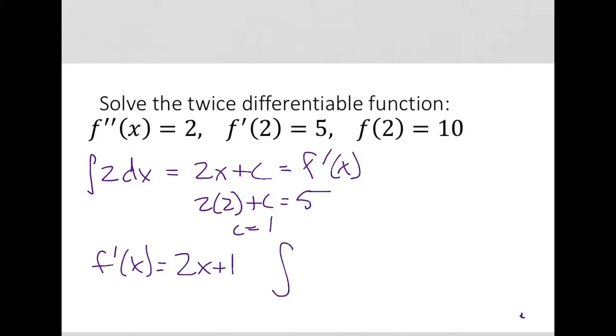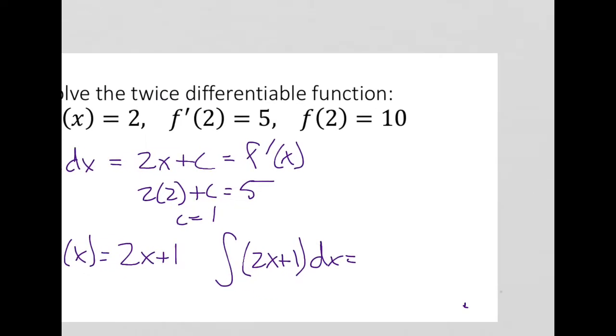Now I need to integrate f prime to get f of x. So I'm going to be integrating the function 2x plus 1 with respect to x. And so when I do that, I'm going to get x squared plus x plus c, and that will be my f of x function. And again, I need to solve for c.